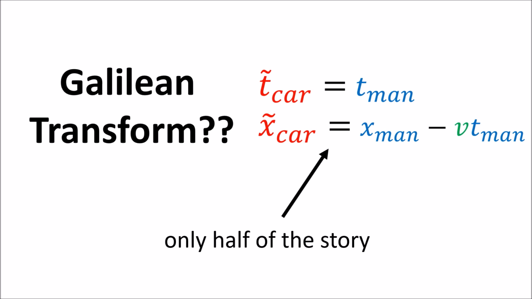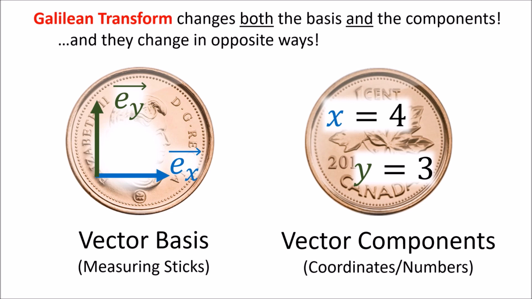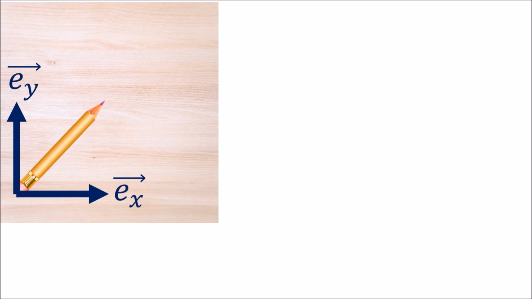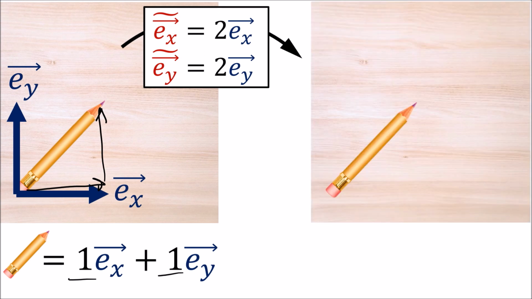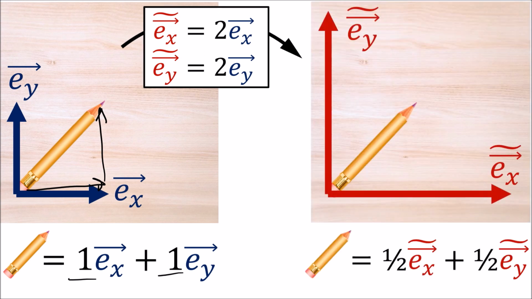So the Galilean transform isn't just about changing components. That's only half the story. The Galilean transform changes both the basis vectors and the vector components, and they change in opposite ways. In Relativity 102, I showed that if we took the basis Ex and Ey and measured this pencil to have components 1, 1, if we doubled the length of the basis vectors, the components would become 1/2, 1/2.